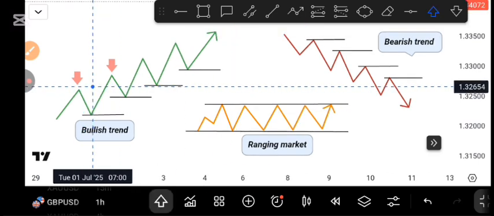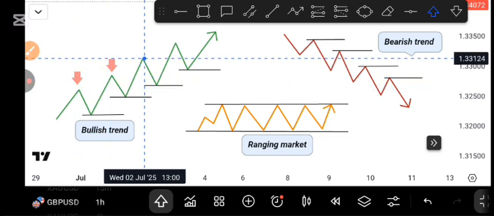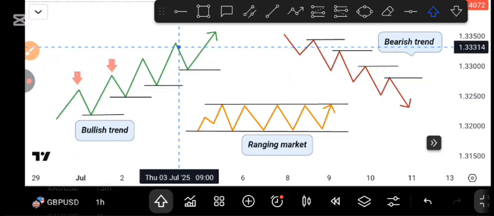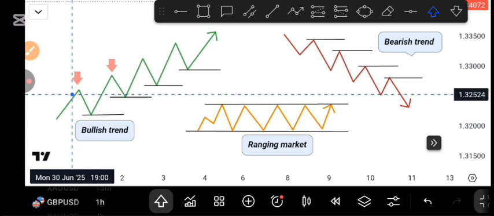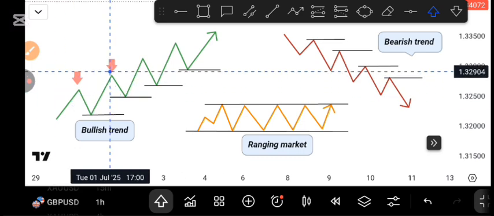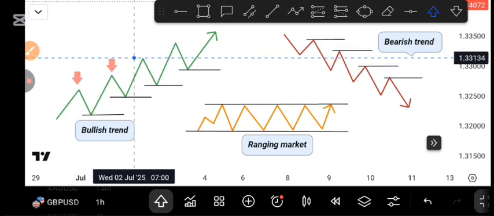You can see higher high. In a bullish market, the market keeps creating higher highs and higher lows. A higher high is when the new high is higher than the previous one. So you can see this high is higher than this one, this high is higher than this one, and this high is higher than this one.